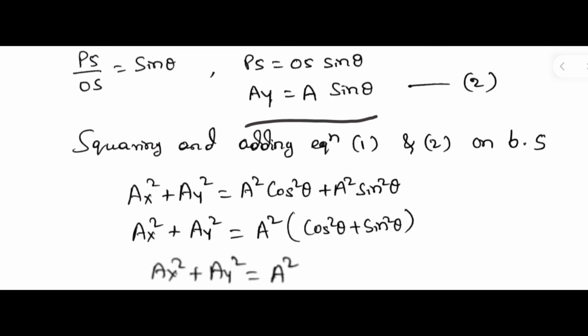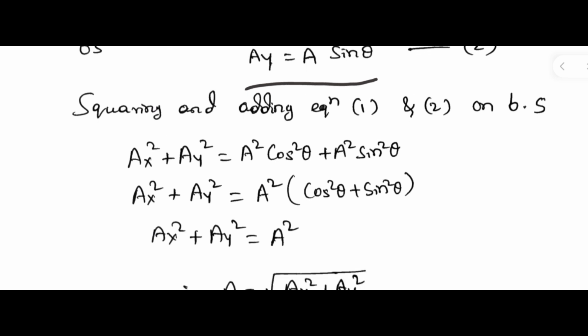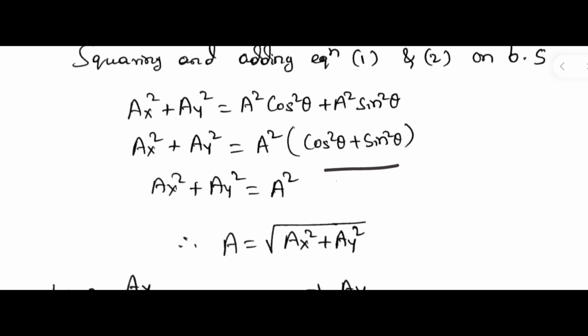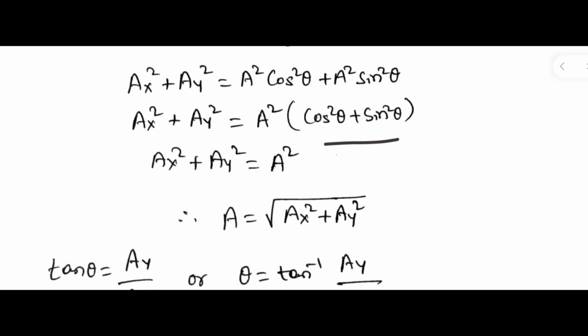Taking A squared common, we get cos squared theta plus sin squared theta, whose value is 1. Then the remaining term is A squared. Here we want the value of vector A, so taking the square root, A equals the root of Ax squared plus Ay squared.